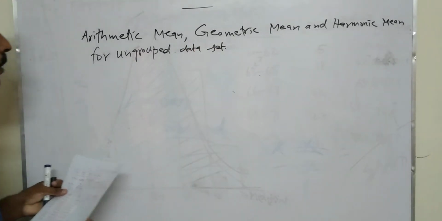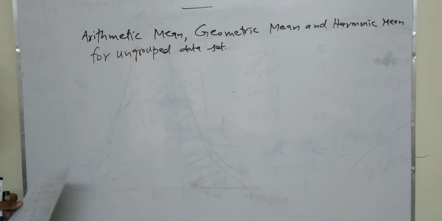Today you will learn about arithmetic mean, geometric mean, and harmonic mean for ungrouped data set.